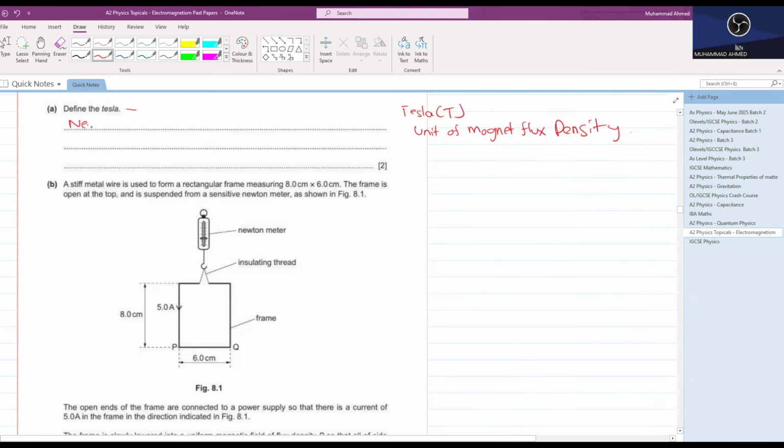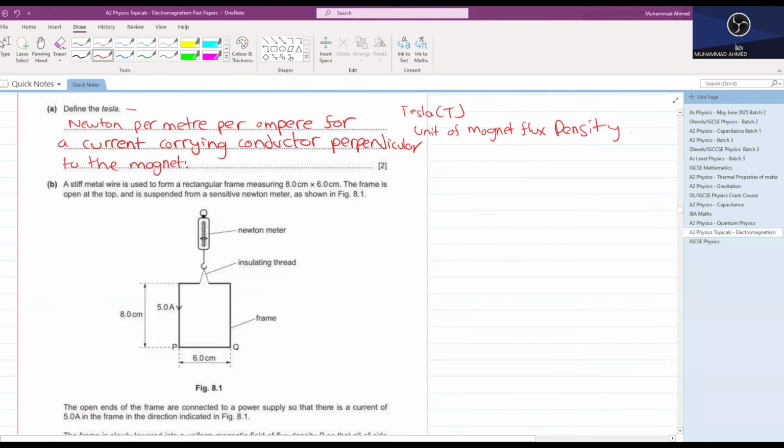Tesla is equal to Newton per meter per ampere for a current carrying conductor perpendicular to the magnetic field. Very simple definition. Perpendicular to the magnetic field.